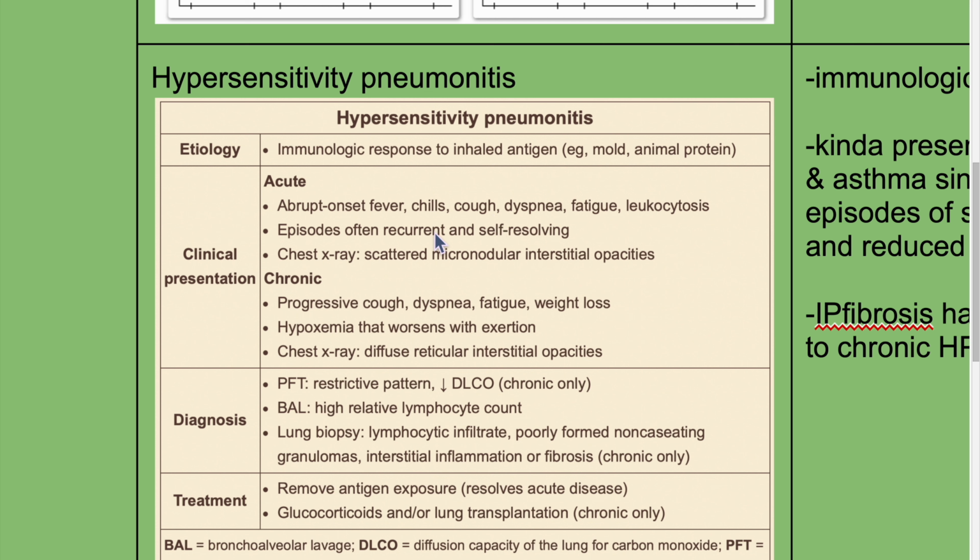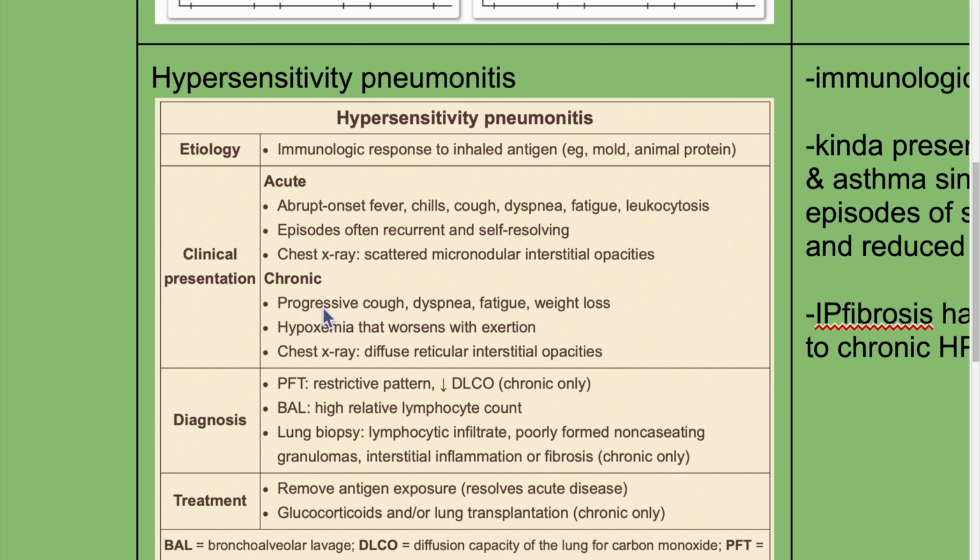Episodes are often recurrent and self-resolving, so it happens to them often. Chest x-ray shows scattered micronodular interstitial opacities. These are all the acute symptoms.